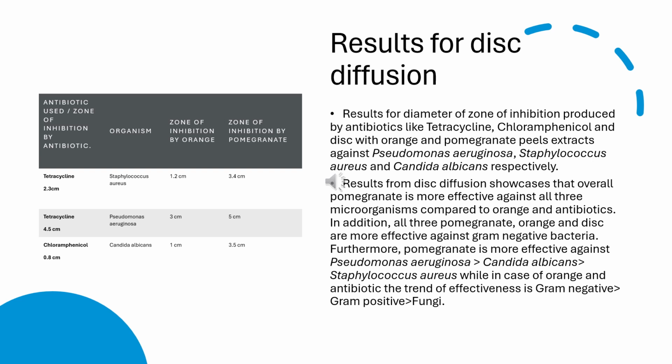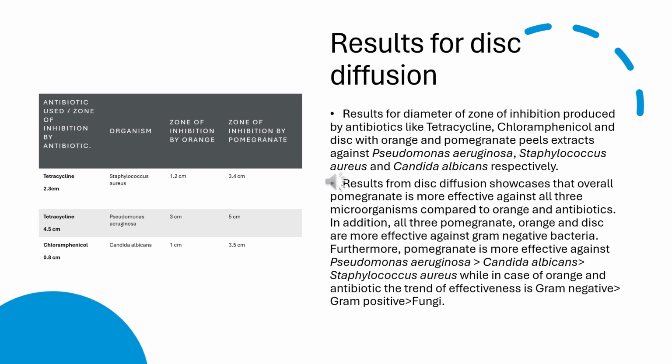It also supports the results for our well diffusion, as we can clearly see that pomegranate peels show the highest zone of inhibition. It is most effective on P. aeruginosa. Here, the antibiotic discs were positive controls, as the antibiotic discs which were used were tetracycline and chloramphenicol, which always show no growth around themselves.